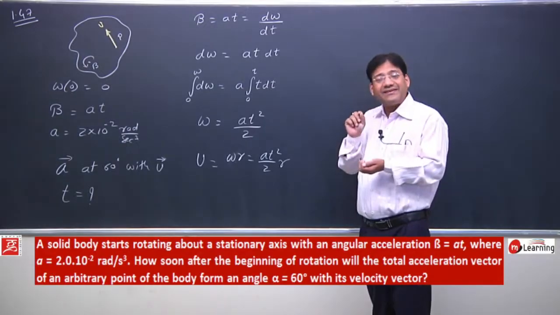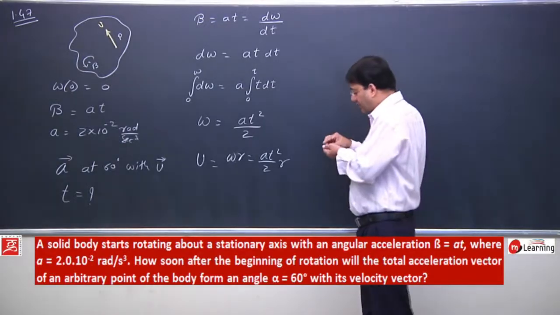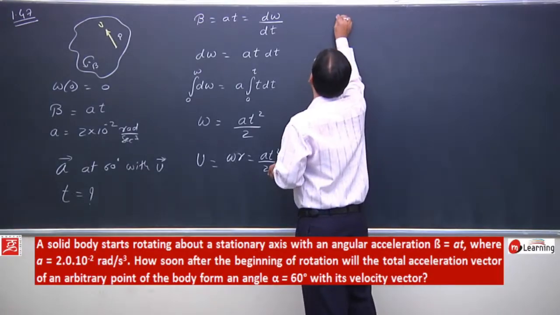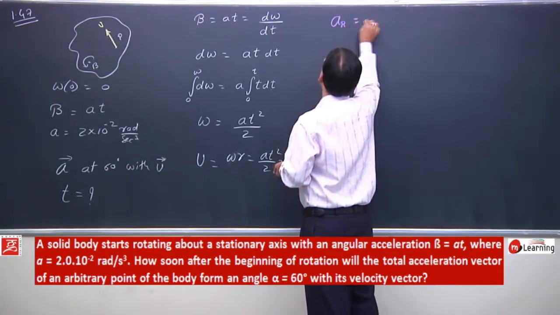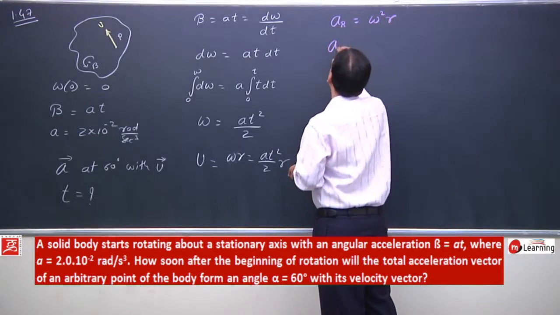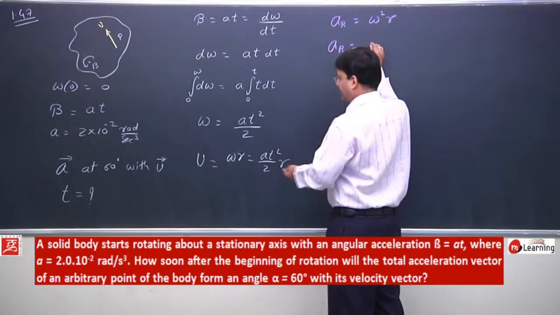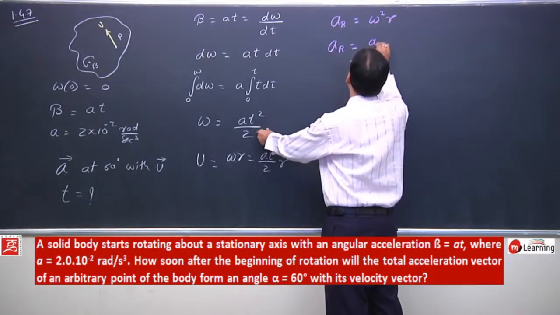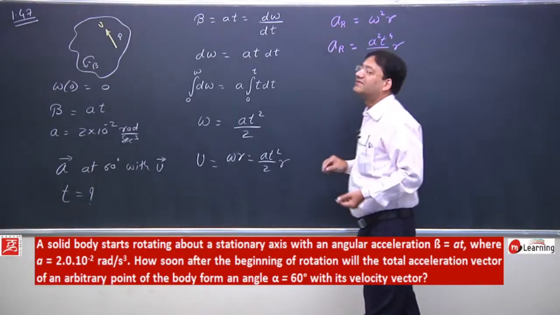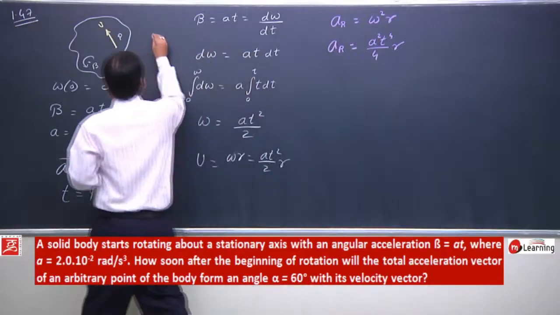So, let's try to understand the acceleration vector. We'll have two accelerations here, radial acceleration and tangential acceleration. Radial acceleration is omega square r. Omega is given to us, so it is a square t to the power 4 by 4 into r. This is the magnitude of radial acceleration.